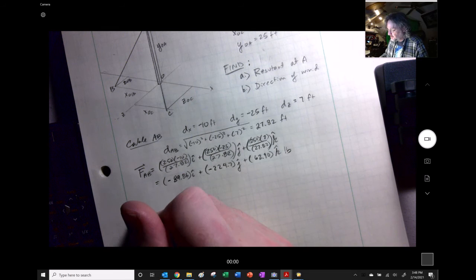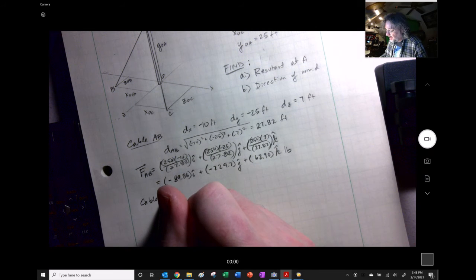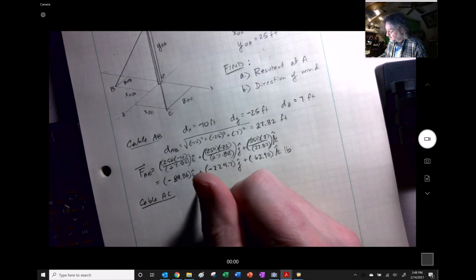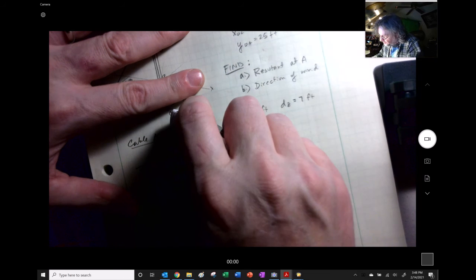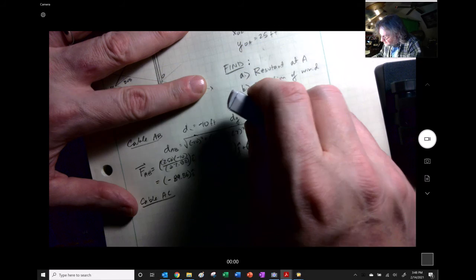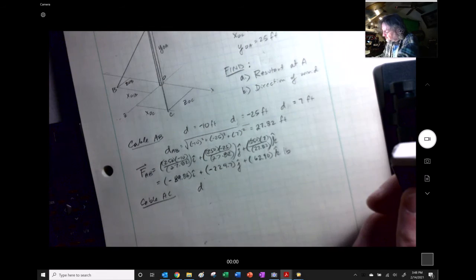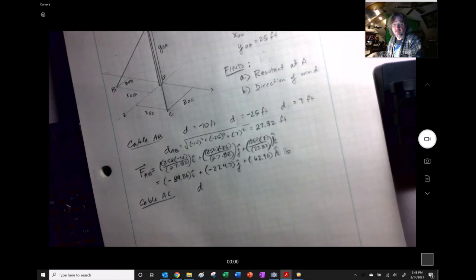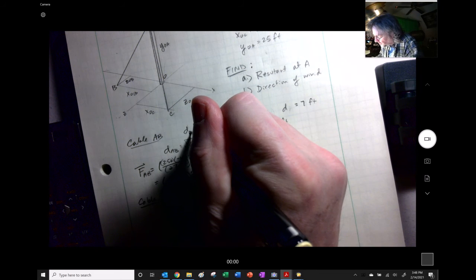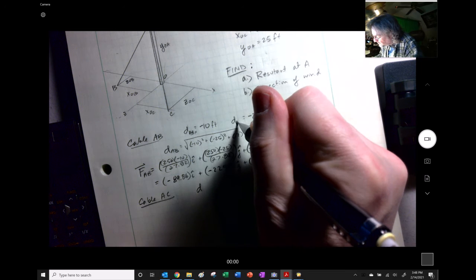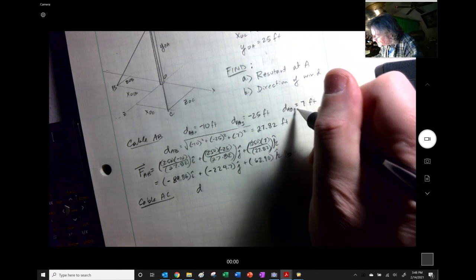So you can see how we distribute. Now we go to cable AC, and maybe I want to fix this up here. I think I can fit that in there. Maybe it's just good practice. We'll go dABX, dABY, and dABZ.